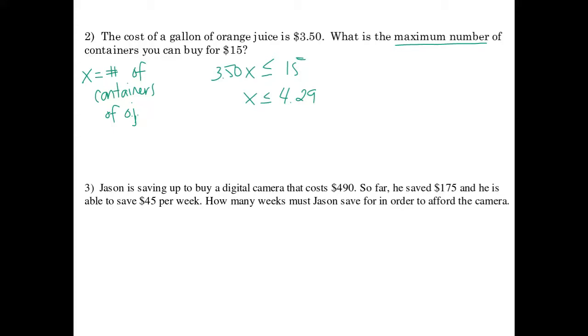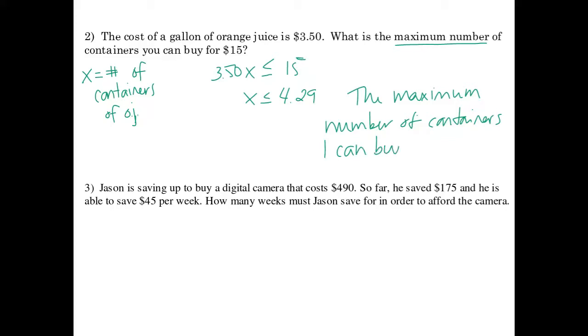So I would say the maximum number of containers I can buy is, and how many would that be? Well, 4.29 we have to do less than or equal to. So the closest integer within that boundary is 4. So we can buy 4, 3, 2, 1, or we don't have to buy any at all. But 4 is the highest number without going over our budget.